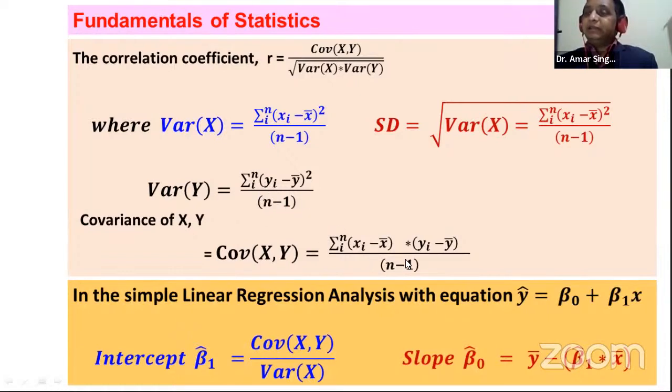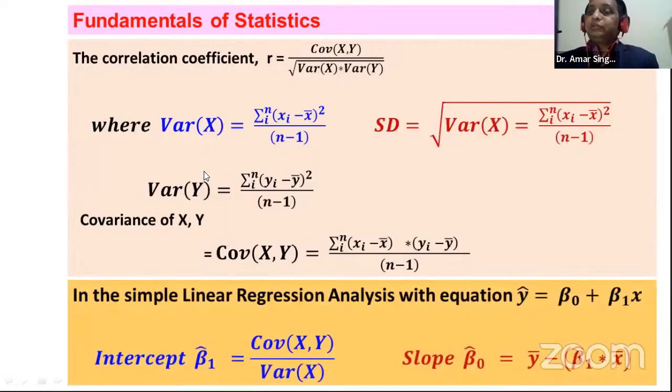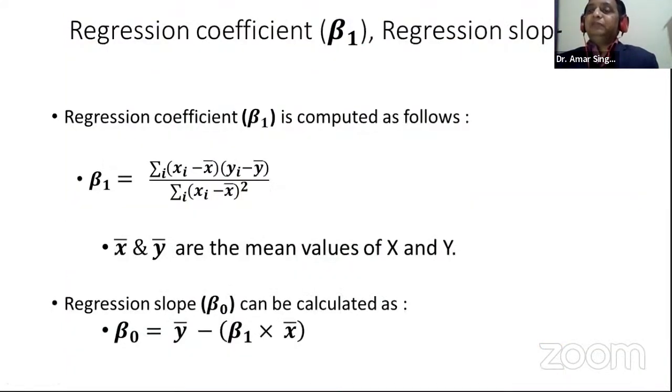The n minus 1 terms cancel, and the equation would be this one. So this is the equation for B1. And the equation for B0 is Y mean minus B1 multiplied by X mean. So we can compute B1 and B0 by using these two mathematical equations.